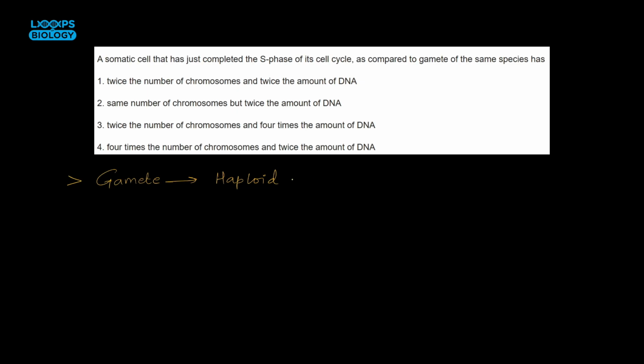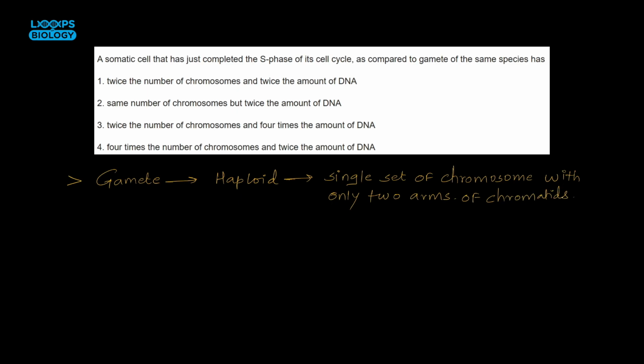Now, what do you mean by haploid? That means there is only a single set of chromosomes with only 2 arms of chromatids. So that is basically called chromatin fiber.